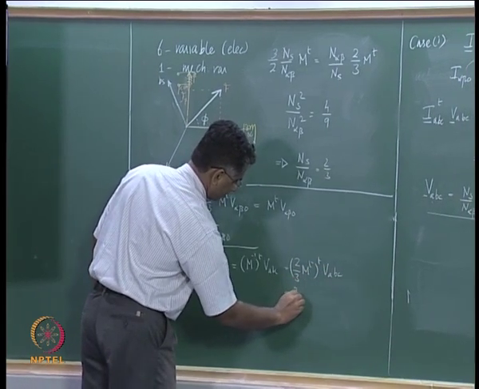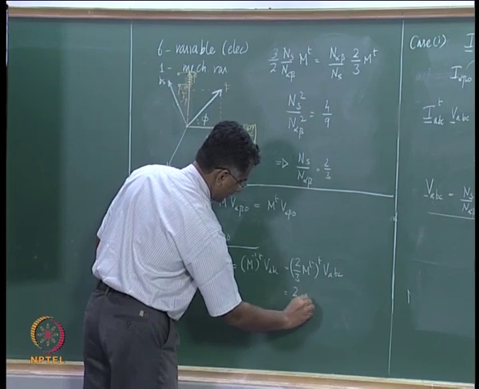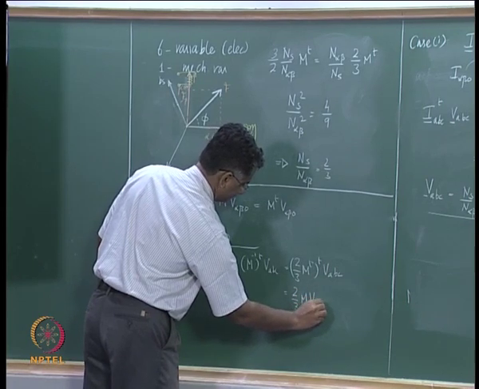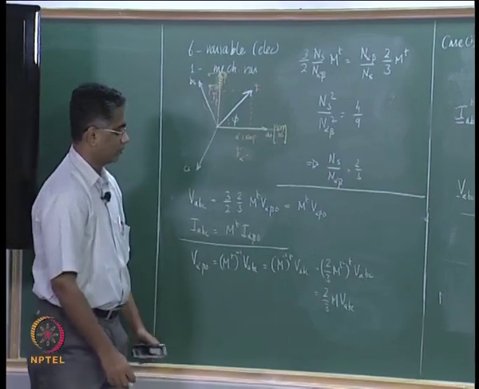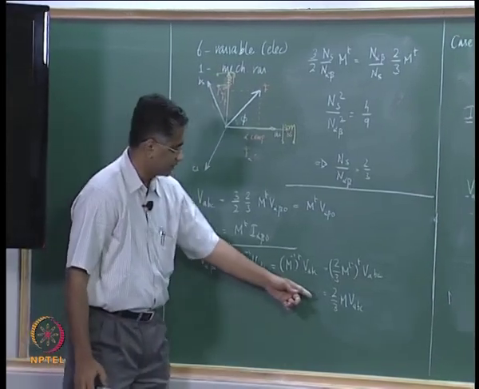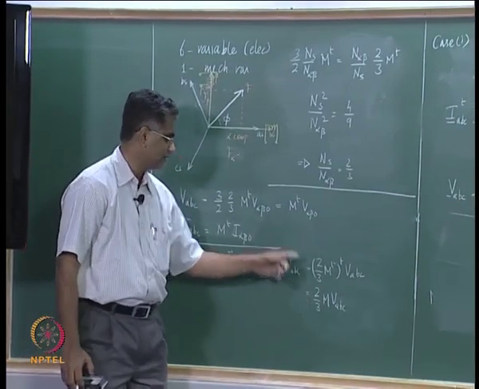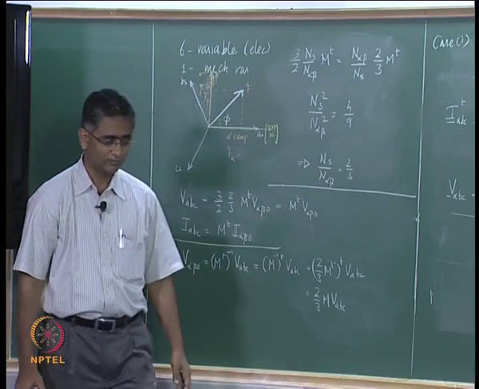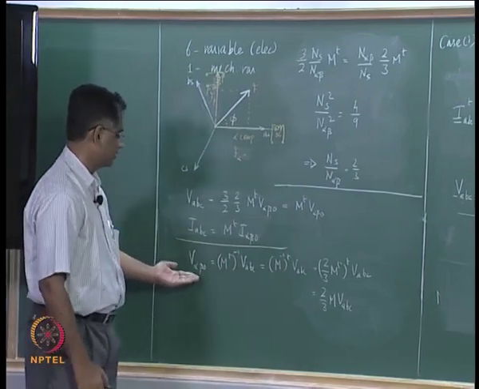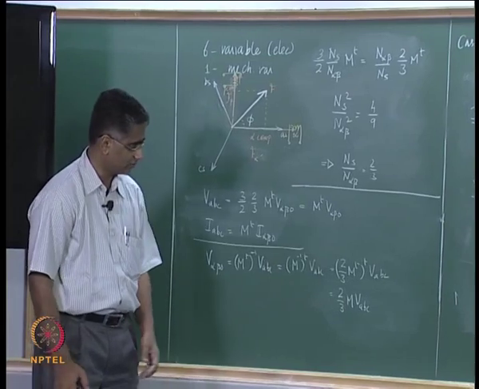So, this is 2 by 3 times M into V ABC. So, you get this extra factor 2 by 3 as compared to what you had here. Similarly, you will have an expression for I alpha beta 0 also.